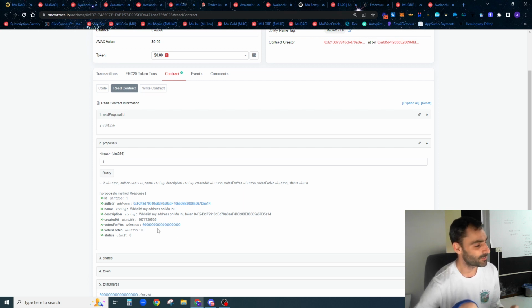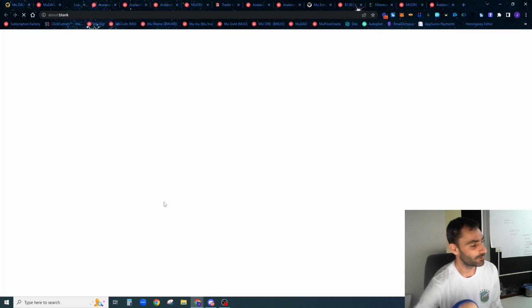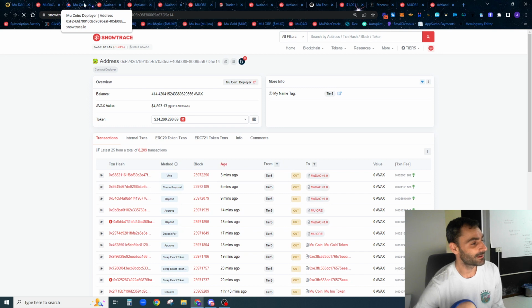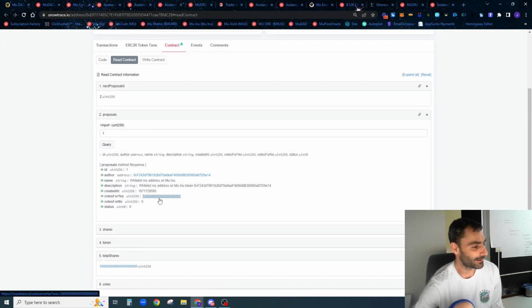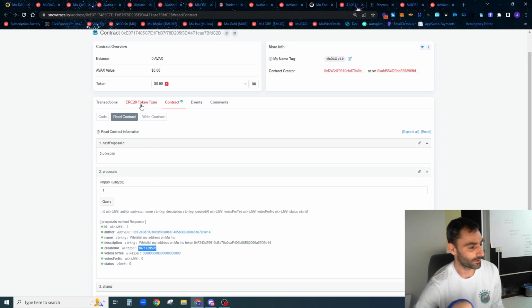So more than 50% would be voting no. So this would be a proposal that is not accepted, other than the fact that it still has not crossed the amount of time where people can actually vote.